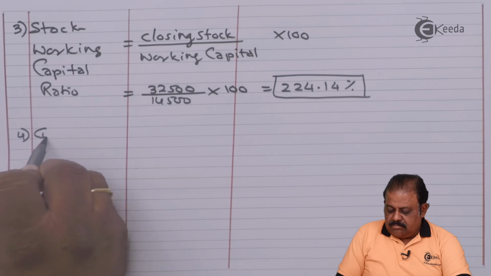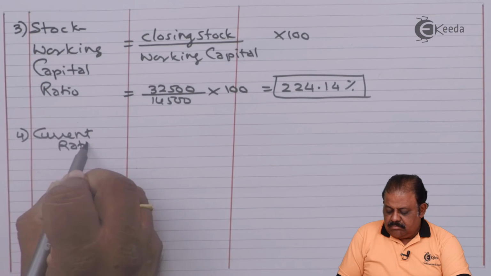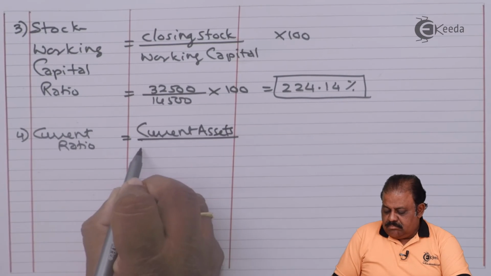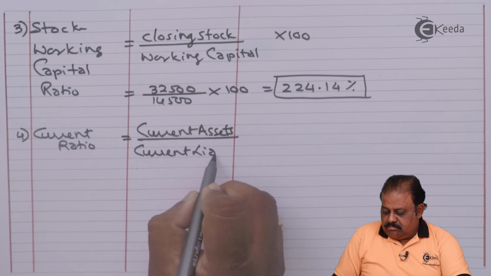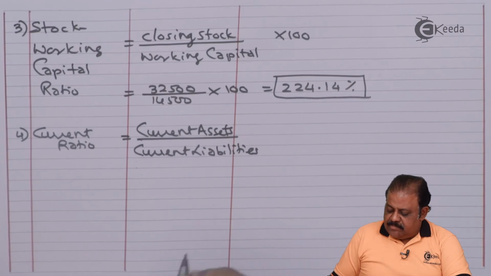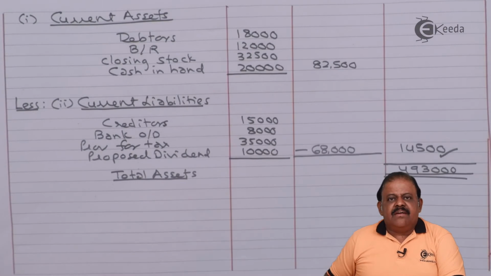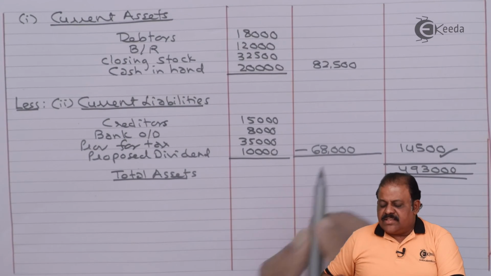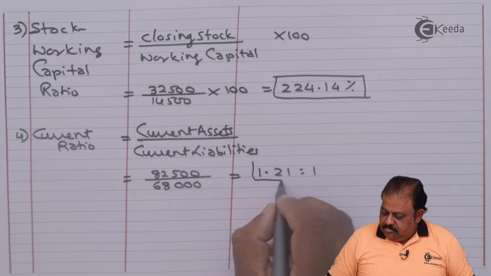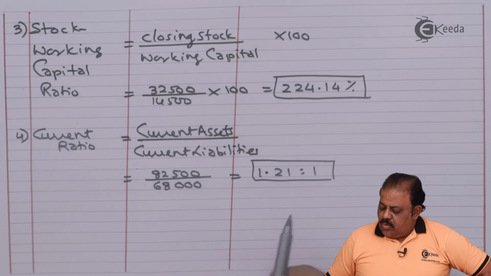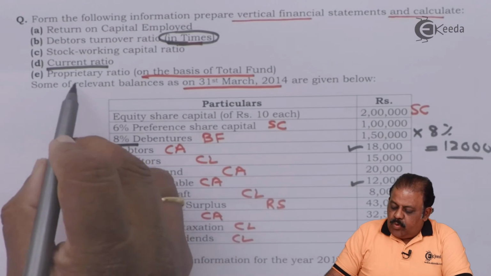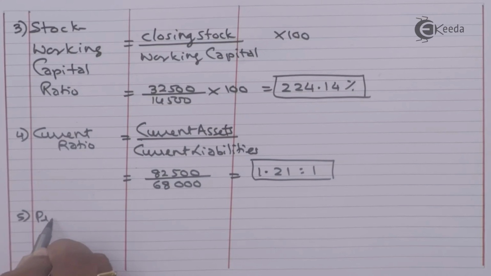Current ratio, current assets upon current liabilities. Current assets 82,500. Current liabilities 68,000. Current ratio 1.21:1.